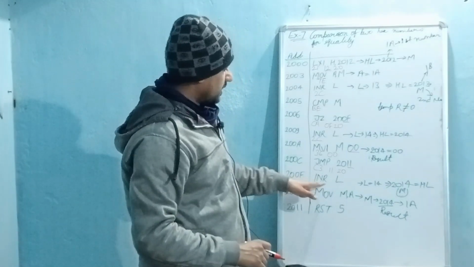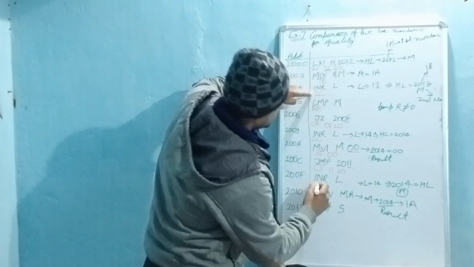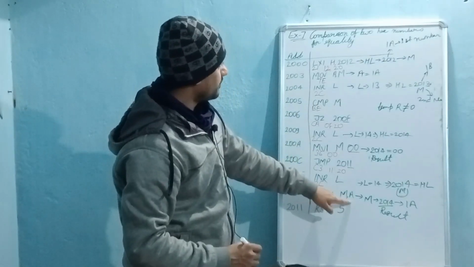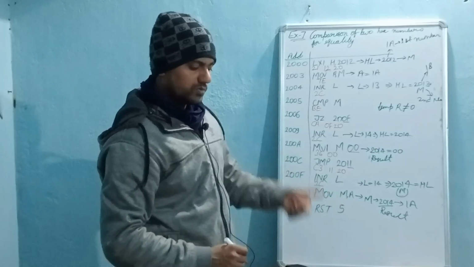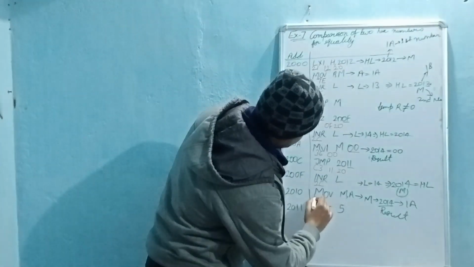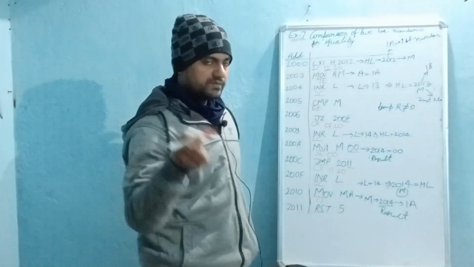And again INR L, the same code we will use, that is 2C. Then MOV M, A. This one was A comma M, here it is M comma A. So for M comma A we have a different code, that is 77, and for RST5 we have EF.